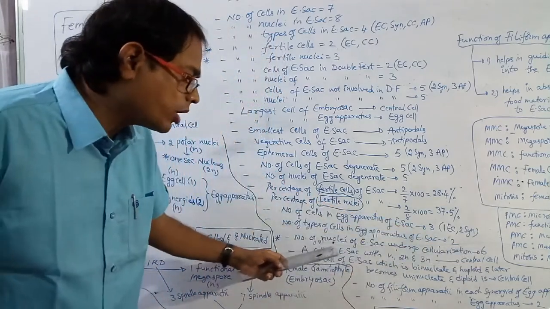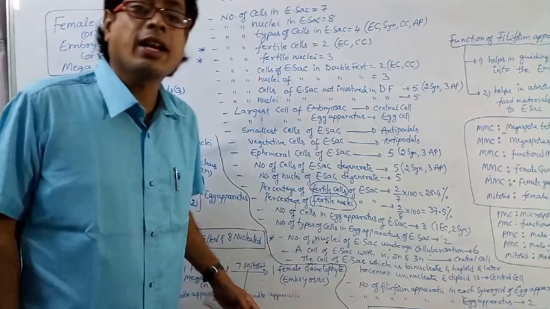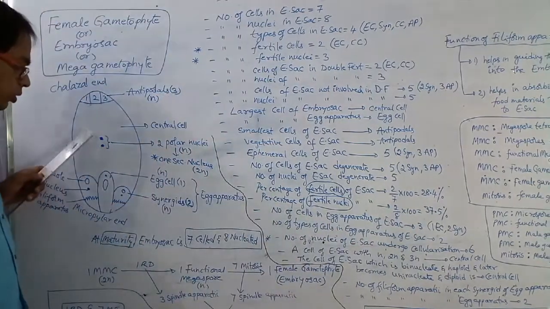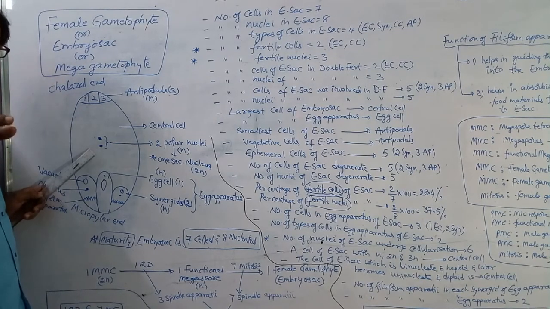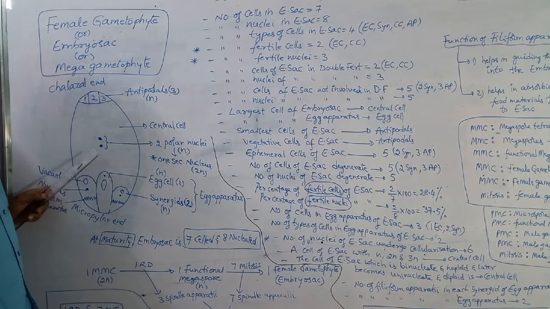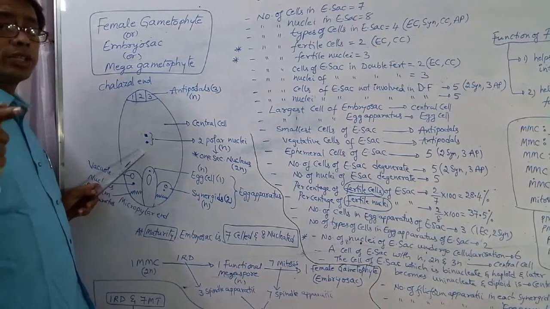A cell of embryo sac that is haploid, diploid and triploid is the central cell. Here 2 haploid nuclei are present. Later those 2 nuclei fuse together and form a diploid secondary nucleus. Later, a male gamete fuses with the secondary nucleus and forms the primary endosperm nucleus, triploid.